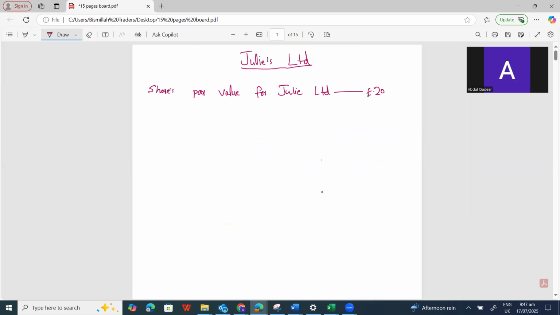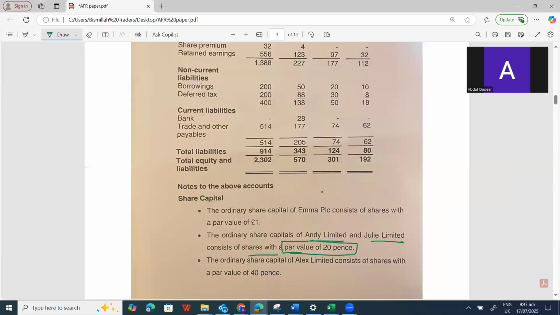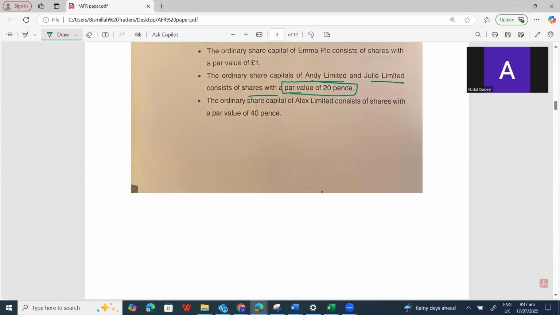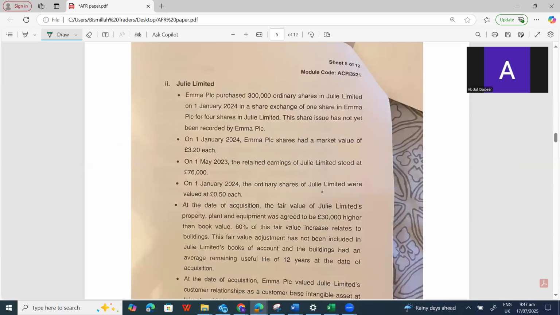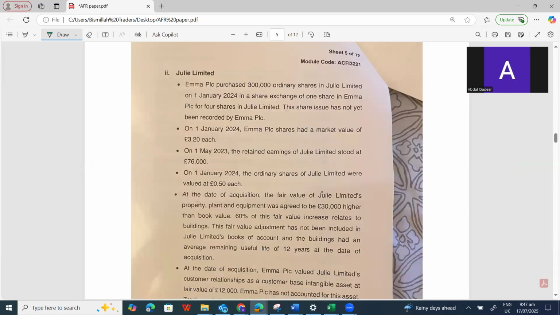Then you will be able to get the mark, and the examiner will understand that the student has the concepts. That's the only important thing for us for Julie Limited. Now we are going to move on to the Julie Limited notes. That is the main thing that we have to solve.